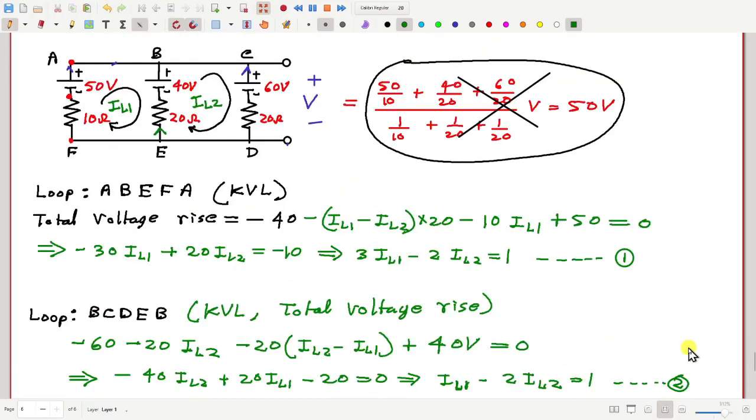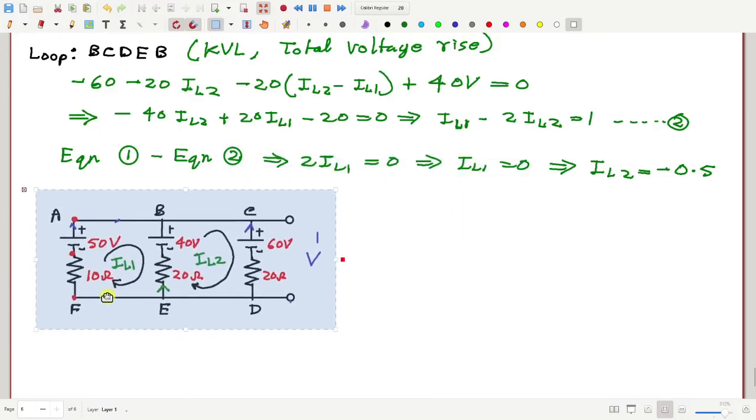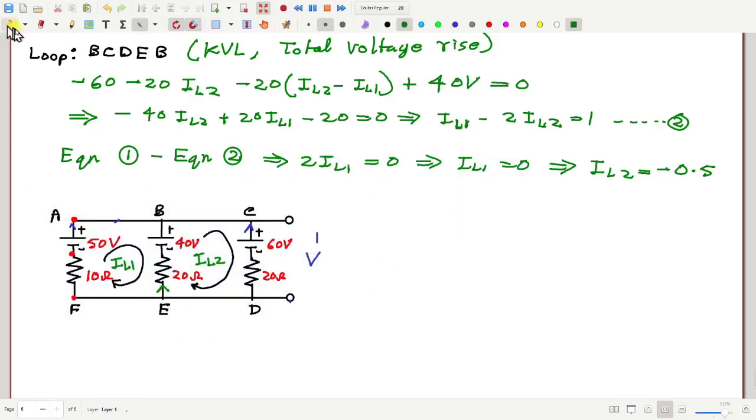Therefore, the solution is as follows. We started by assuming two unknown loop currents. Now we know that IL1 is 0 ampere, and IL2 is minus 0.5.